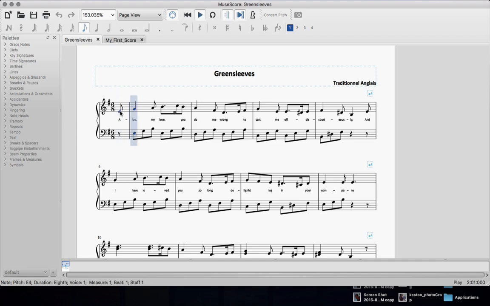Here's the quick beat, and here's the big beat. So there are 3 of the faster pulse for every one of the slower pulse. So it's a 3-to-1 relationship.